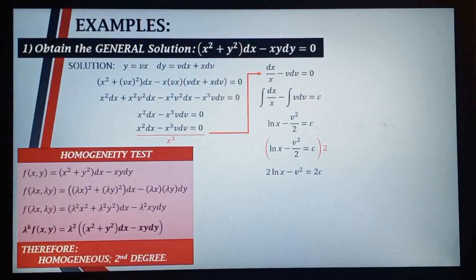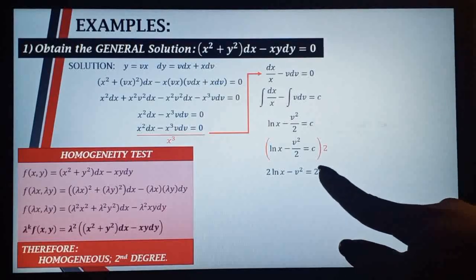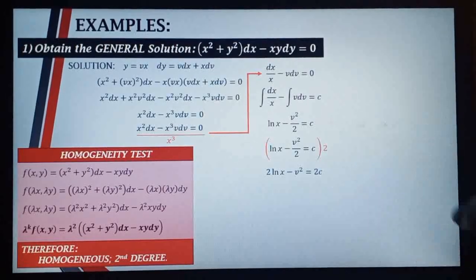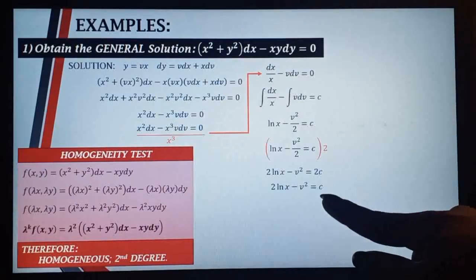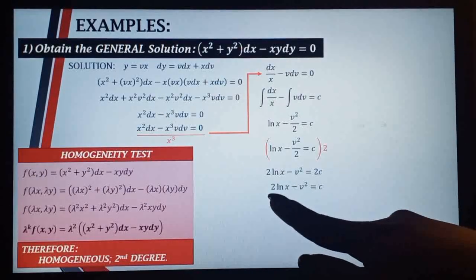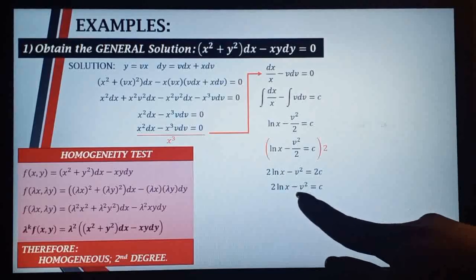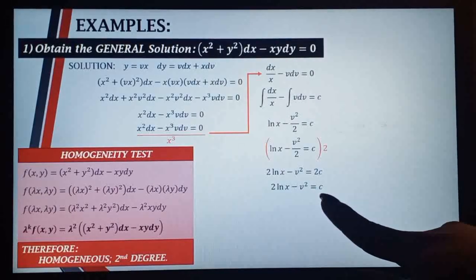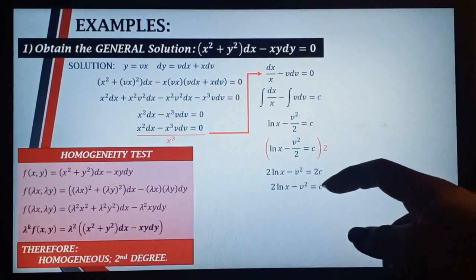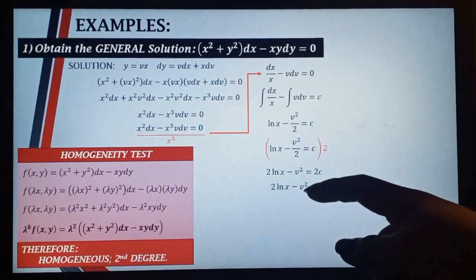Ngayon, yung 2c mo, c is an arbitrary constant multiplied to another constant which can be simplified into c. So your equation is 2 ln x minus v squared equals c. So ito yung equation in terms of v and x.